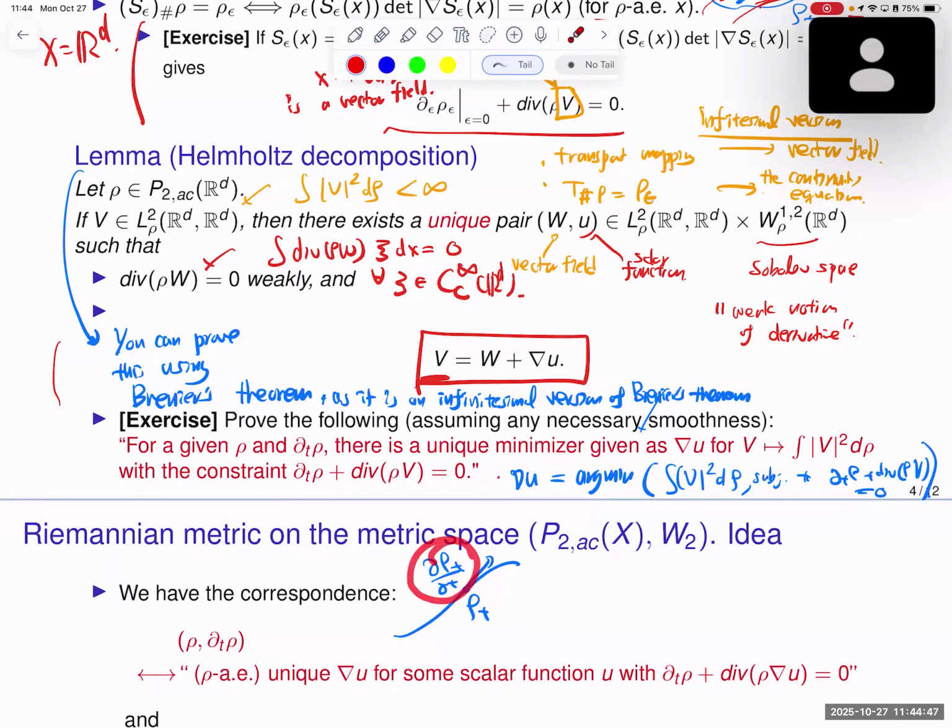So differentiating this rho t as just a density function, you get some kind of density function. But the point is, such a density function can be represented by this unique vector field given as the gradient of some function, satisfying the continuity equation.